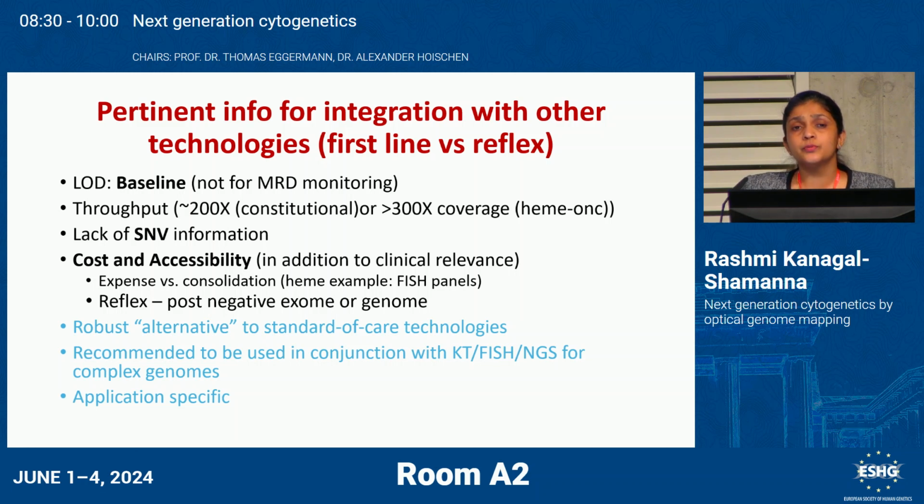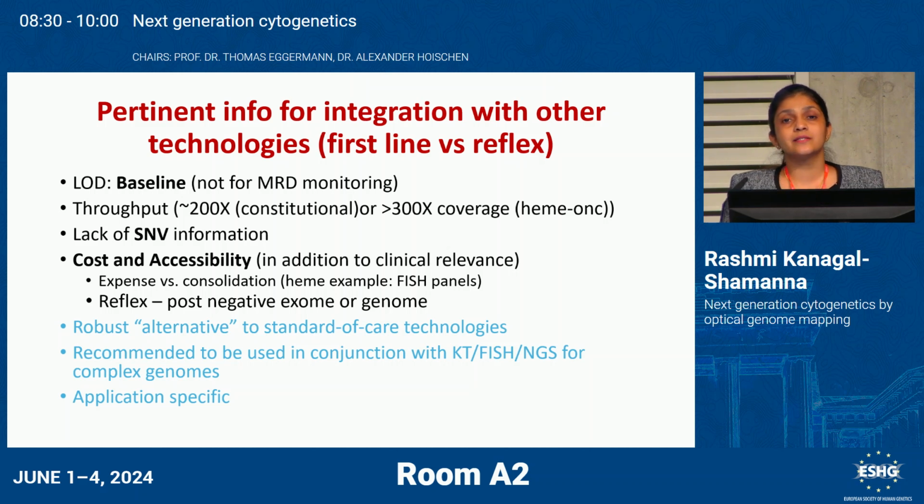And of course, throughput-wise, for constitutional, a coverage of about 150 to 200x would be plenty sufficient, but for hem-onc samples, we need more than 300, almost 400x coverage. And again, we know it doesn't cover the single base pair level information, so especially for cancer cases, you need to supplement it with the NGS sequencing technologies.